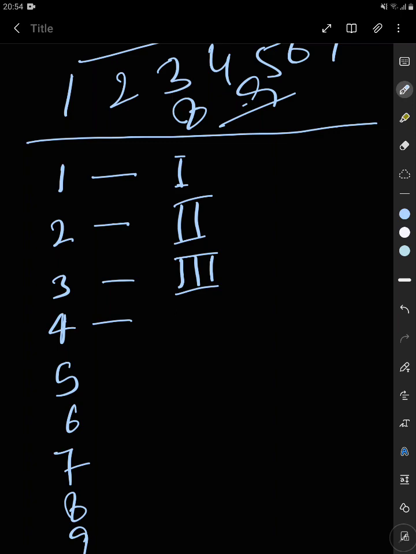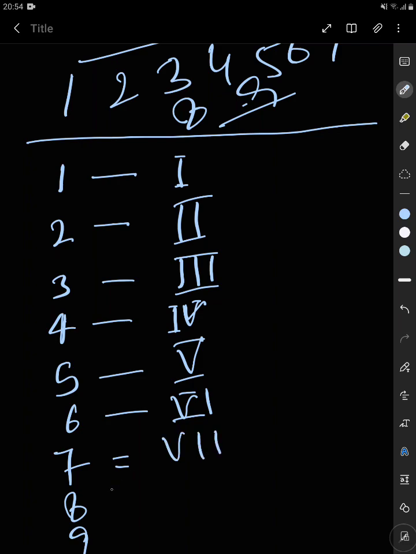For 4 we write I and V, for 5 it is V, for 6 V and I, for 7 V and 2 I's, for 8 V and 3 I's, and for 9 it is I and X. Then the next is 10.